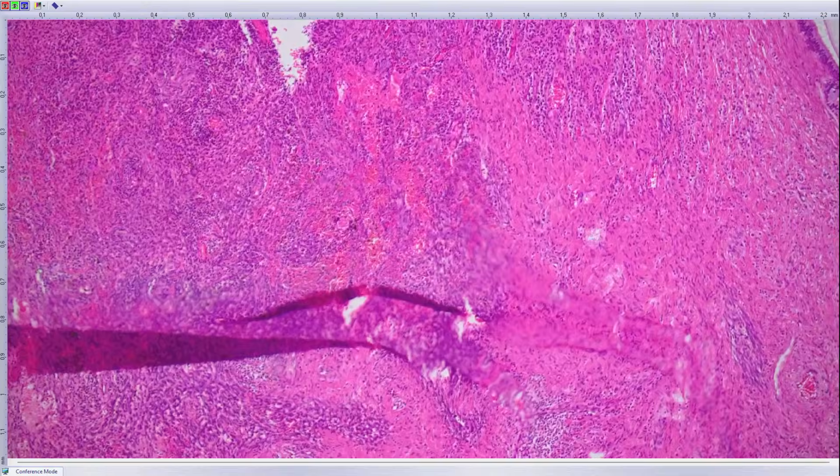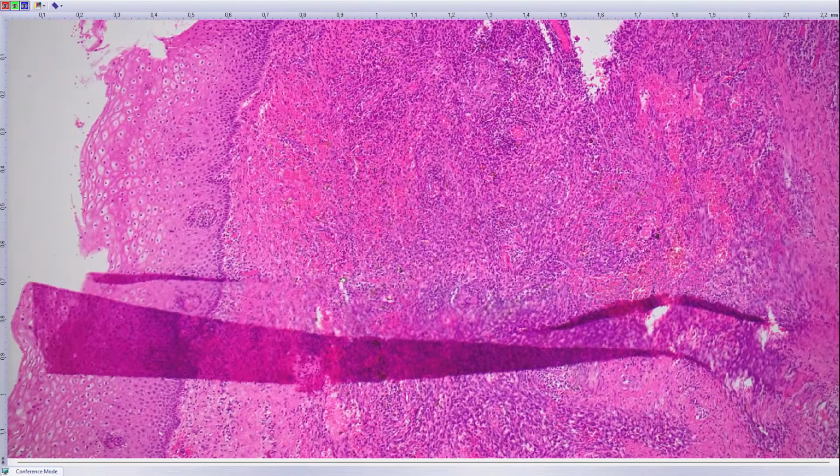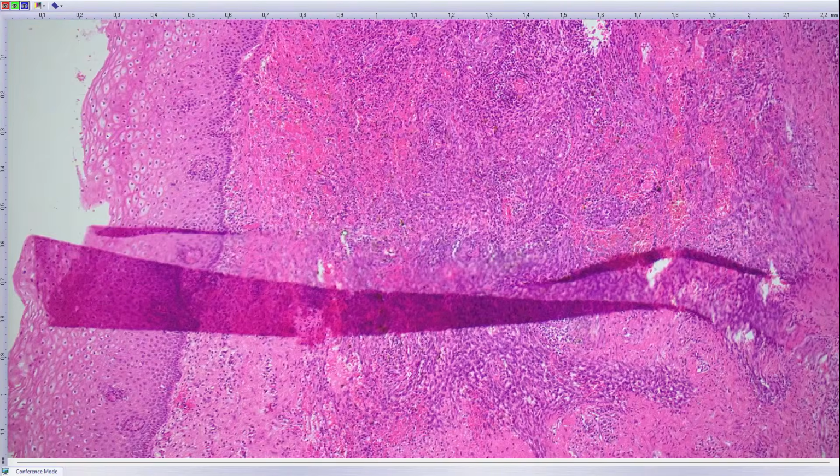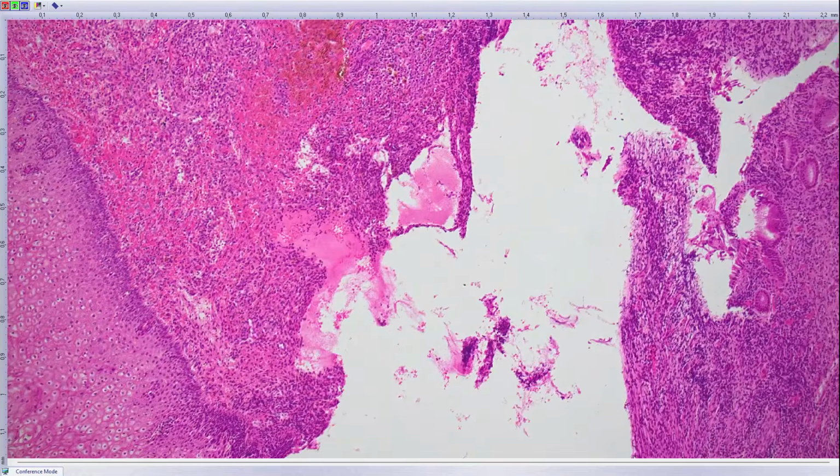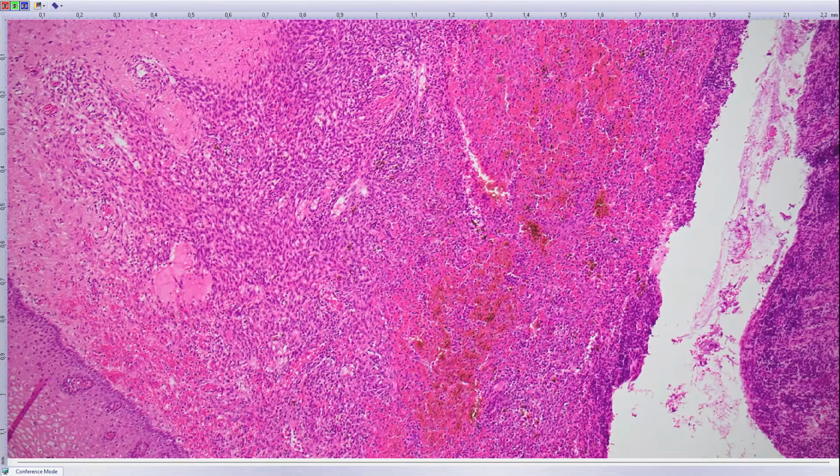It is our experience that this usually arises as reactive to injury of superficial epithelium, but it's called superficial cervical stromal endometriosis.